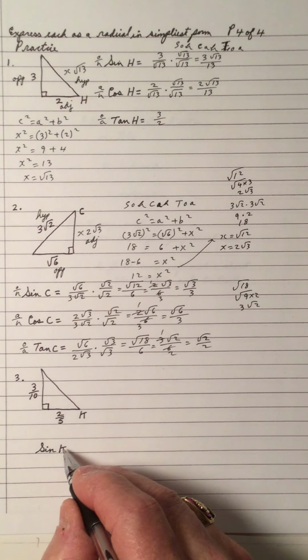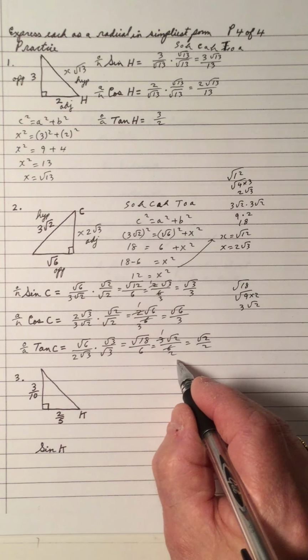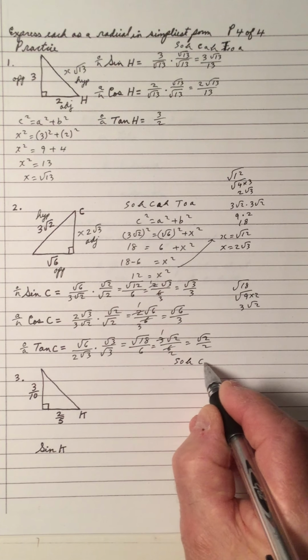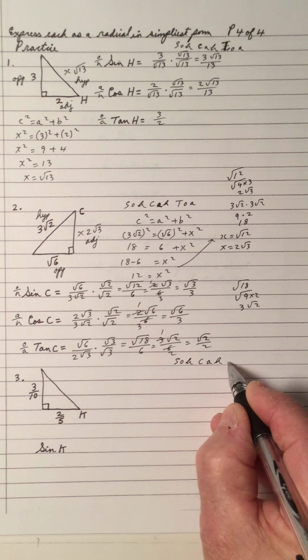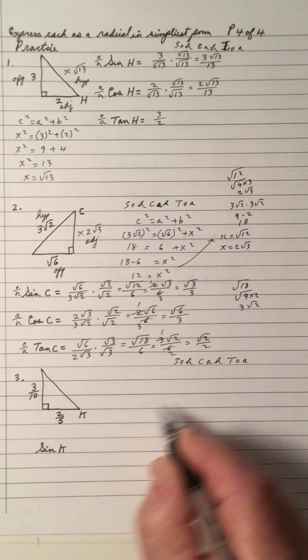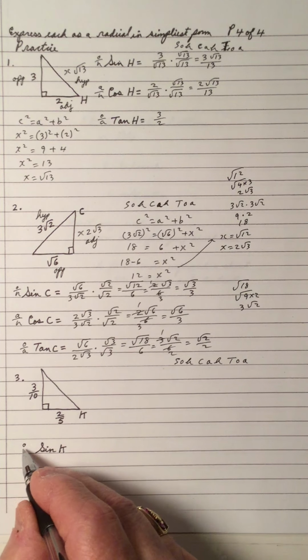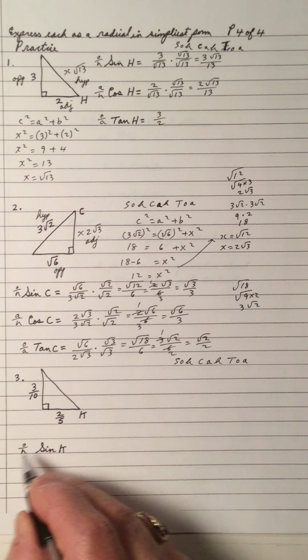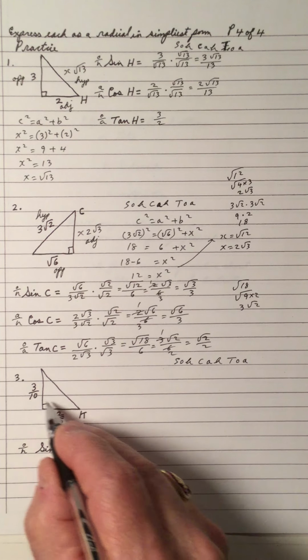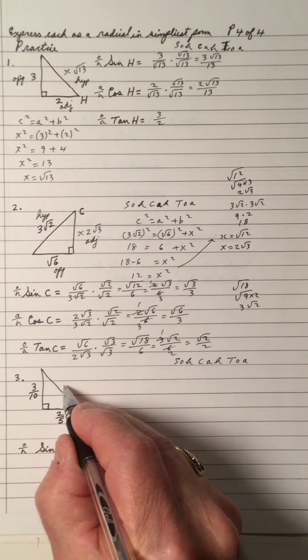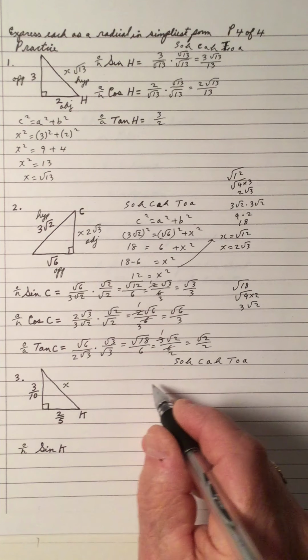Let's see, I've got to do only the sine of K. And what is sine? Well, SOH CAH TOA says opposite over hypotenuse. I have the opposite side, but I don't have the hypotenuse, so I've got to work out that side.